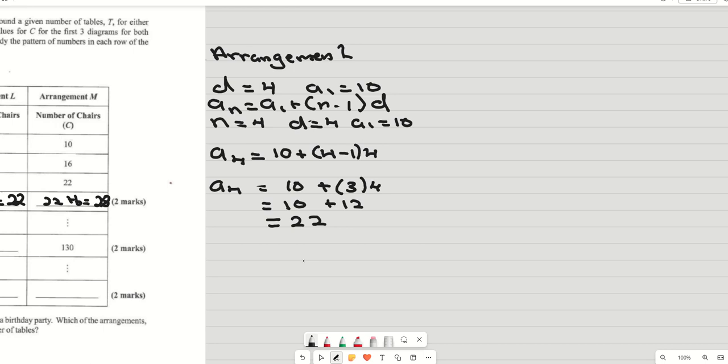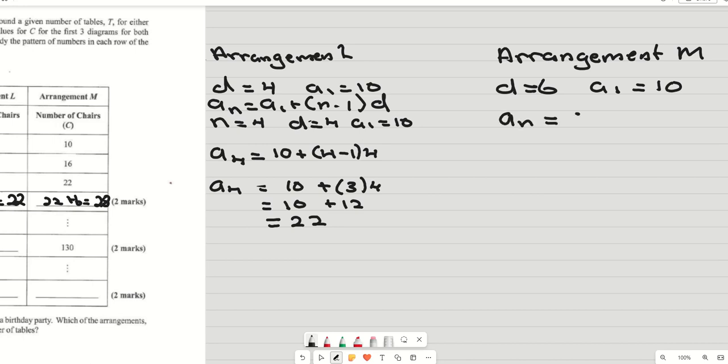Let's do it for arrangement M. For arrangement M, we already said that the common difference was 6, right? A1, which is your first term in arrangement M, is 10. So you just put this in the formula. An is equal to A1 plus (n minus 1) by d. So n is equal, again, they want the 4th term, right?